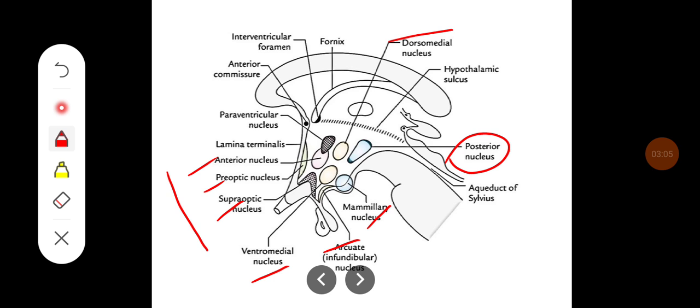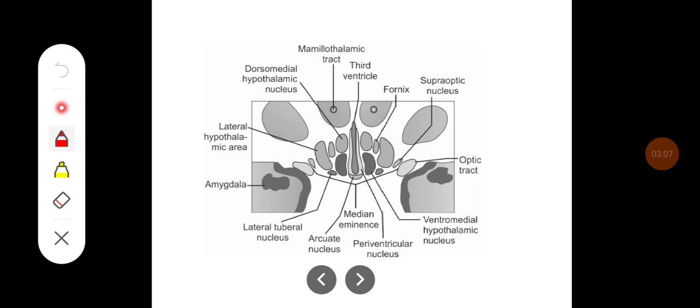And if you see the sagittal section, you can see the lateral hypothalamic area and also the lateral tuberal nucleus, which forms the lateral group of nuclei.